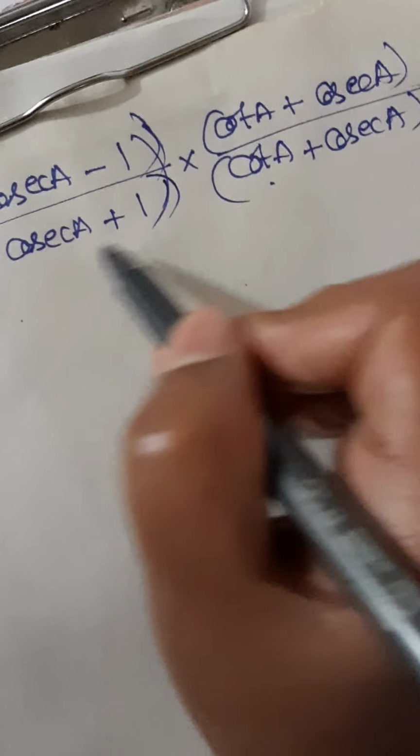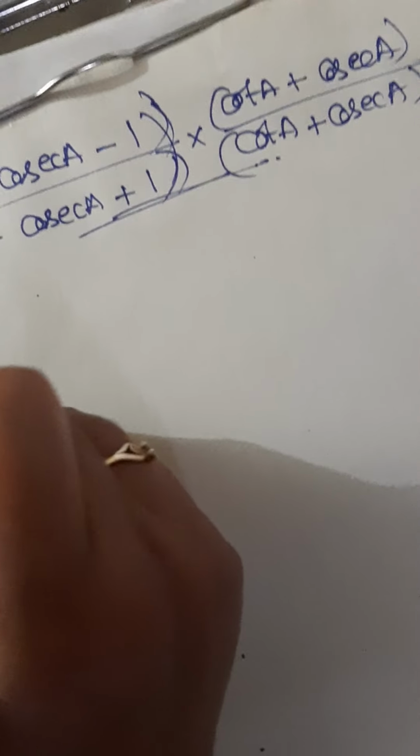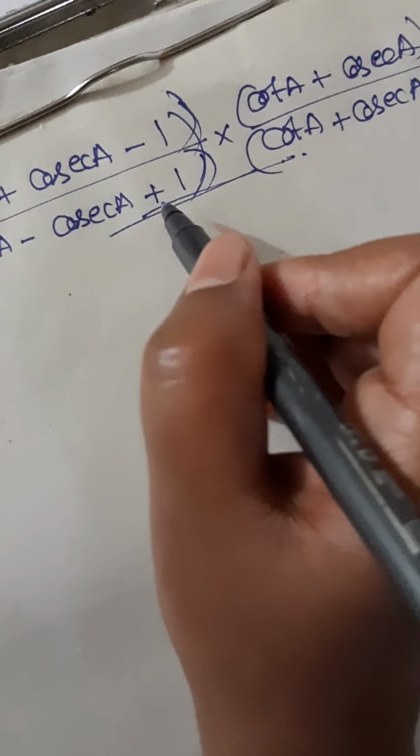So now let's keep this above part as it is, and let's see our numerator part. How can we change it? We first multiply with the numerators only.